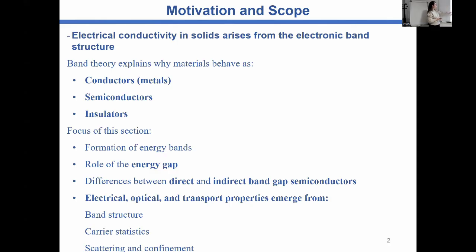In these topics, we focus on how the energy bands are created, how we can know the energy gap of the materials, the difference between indirect and direct band gap in semiconductors, and how it could affect the carrier transport and the scattering of the carriers of the materials.